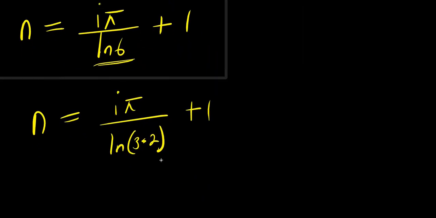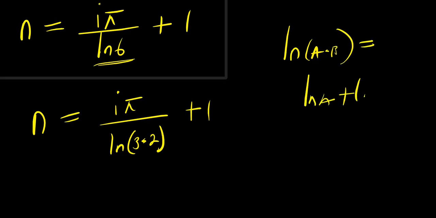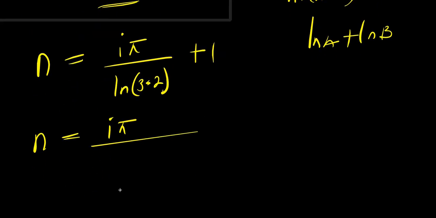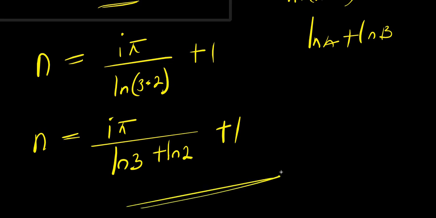And remember, natural log of a times b equals natural log of a plus natural log of b. So from here we have n equals I times pi divided by natural log of 3 plus natural log of 2 plus 1. So guys, here it is.